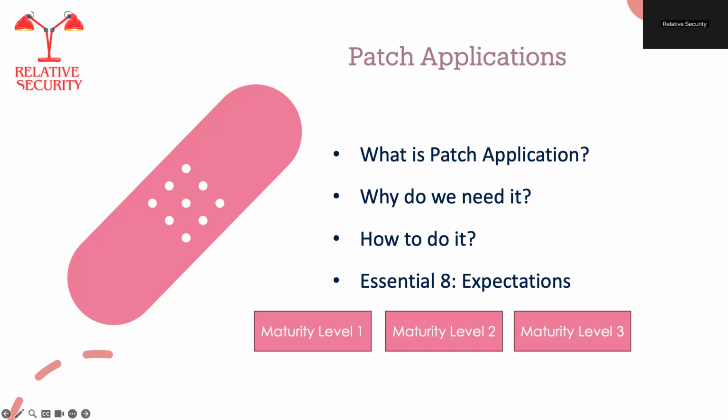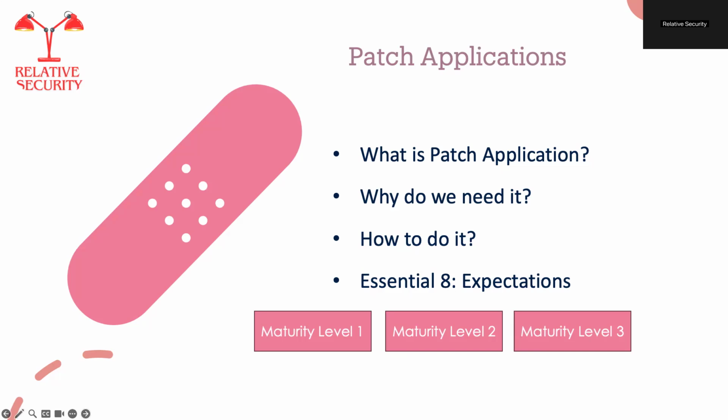If it's less severe and not being exploited, then you can go for 2 weeks. For commonly targeted apps like browsers and Office, you also patch them within 2 weeks. And remember, if you have any unsupported online services or apps hanging around, they have got to go. Unsupported means unprotected.